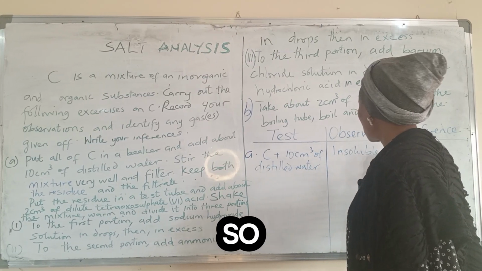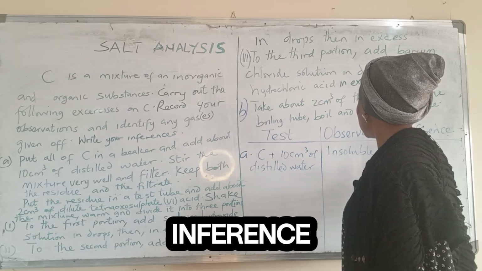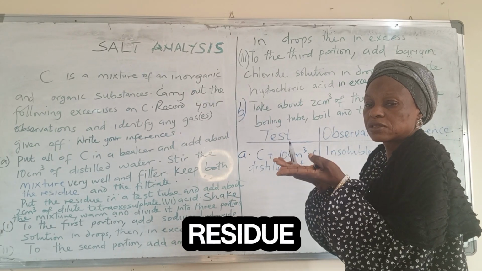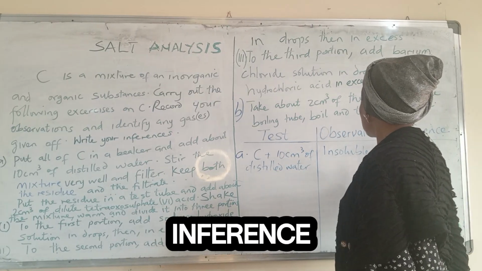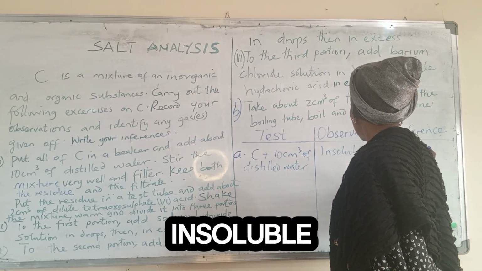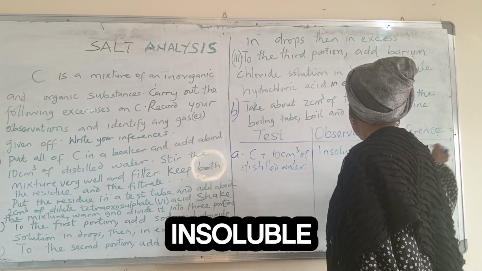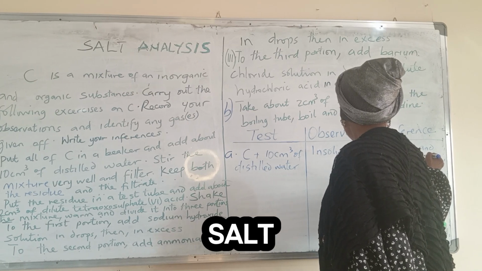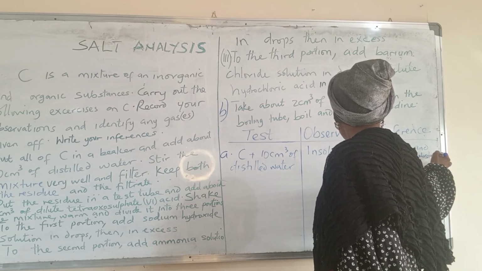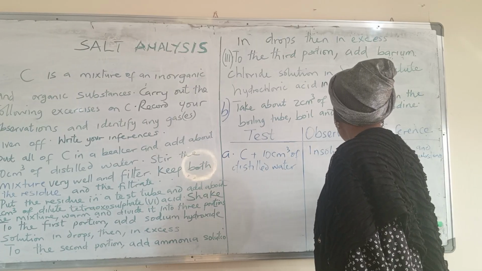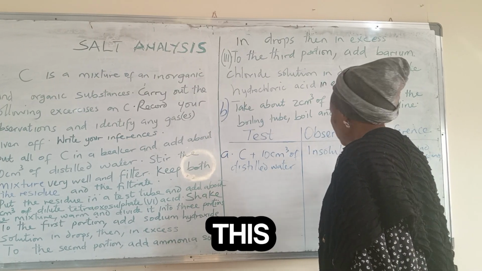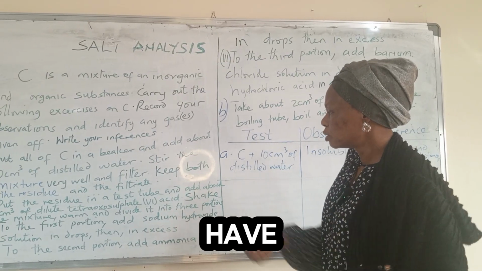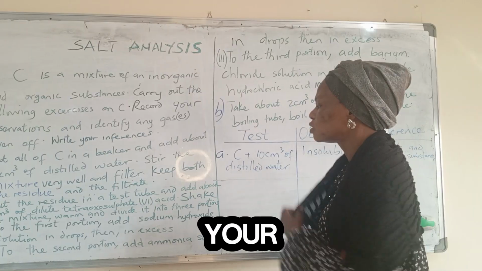Since you are filtering it, you know you will have a filtrate and a residue. So in your inference, it means soluble and insoluble substances are present. You have finished this part now. You have added water, and you now have your filtrate and your residue.